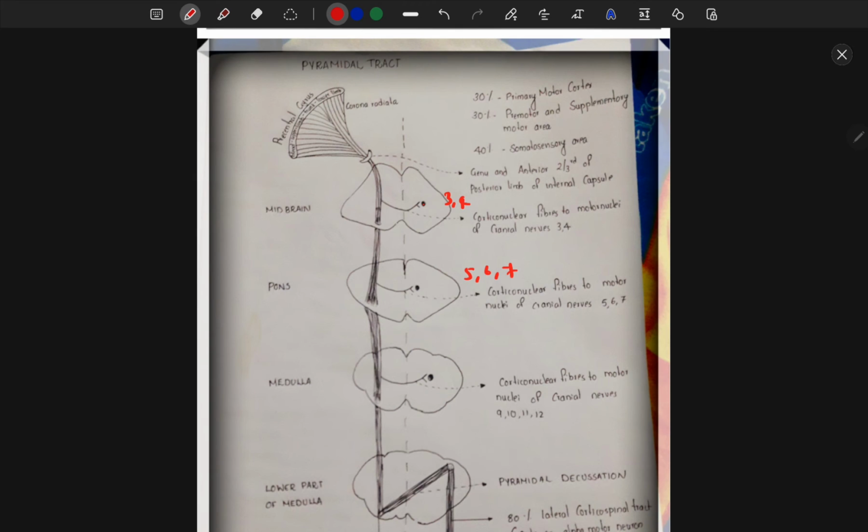They also have motor innervation. Whereas for 9, 10, 11, 12, the motor nuclei are located in the medulla. Cranial nerve 8 is vestibulocochlear and is purely sensory.